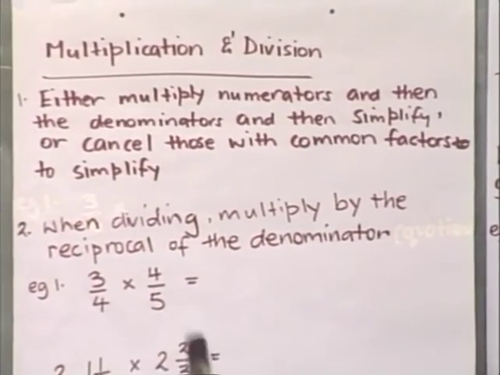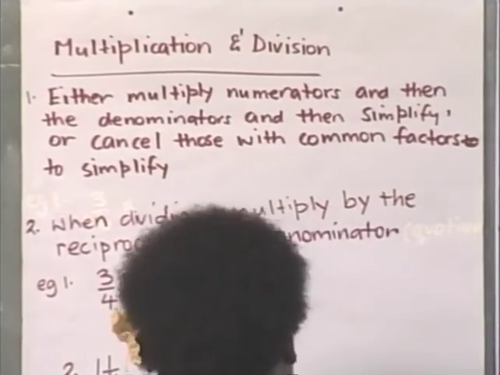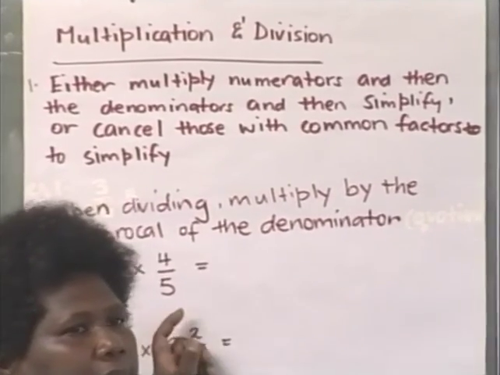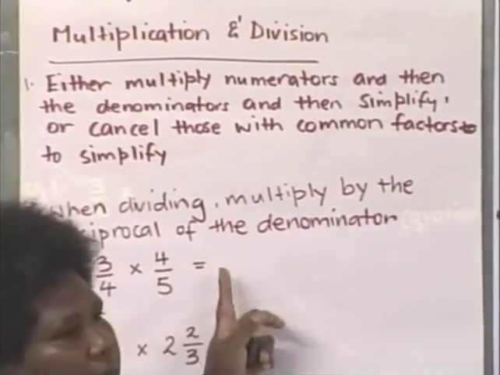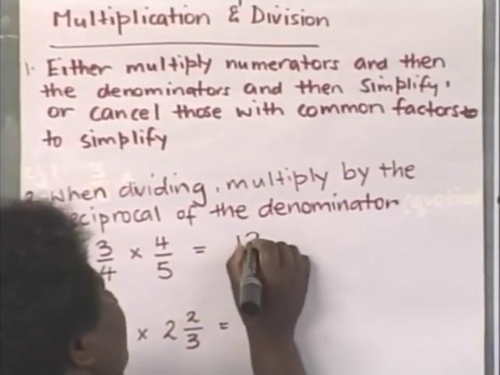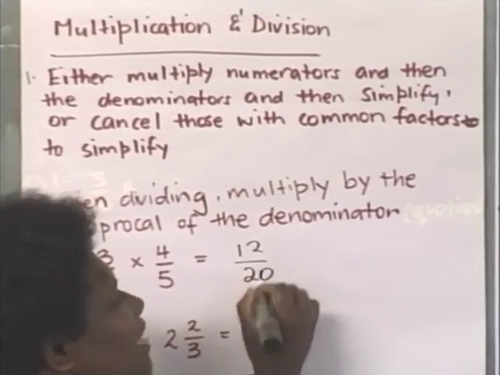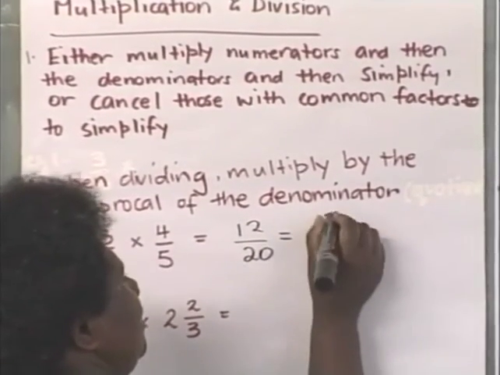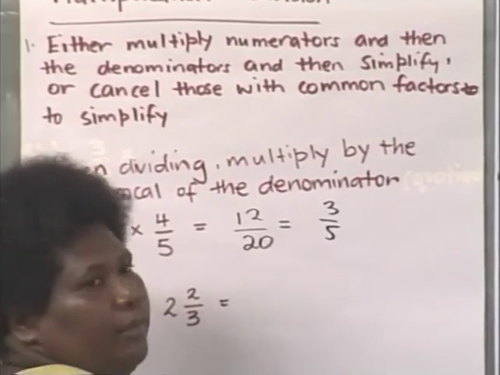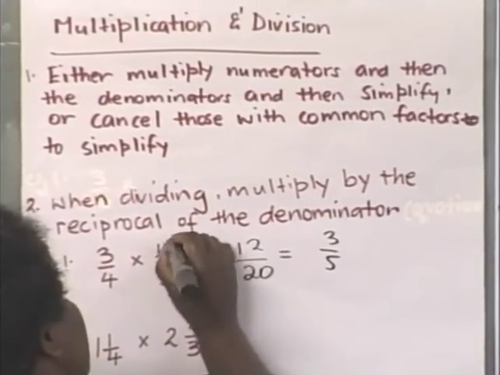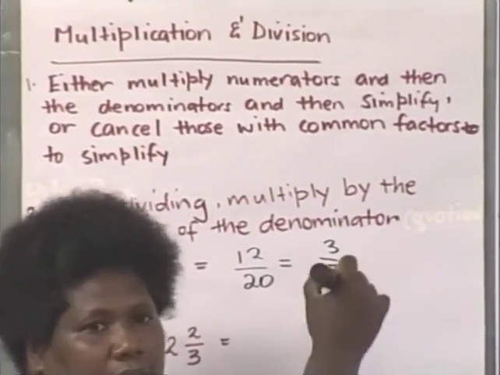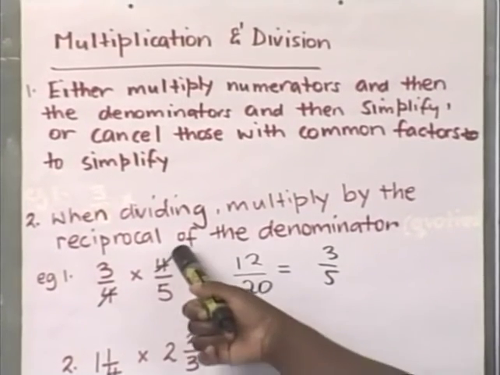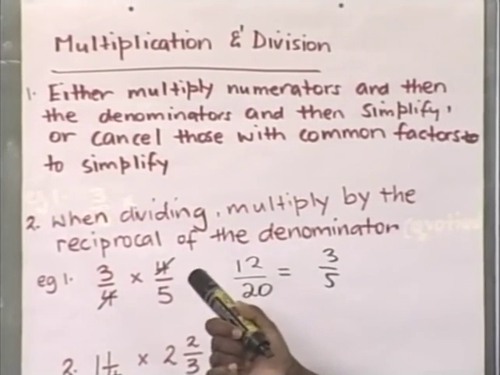So, 3 on 4 times 4 on 5. I can either multiply and get 12 on 20 and then simplify and I get 3 on 5. Or otherwise, I can cancel 4 and 4 and the answer will still be 3 on 5. So long as you know that that's not 0, it's 1.